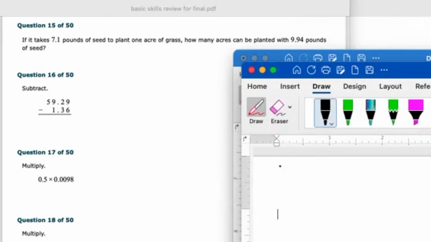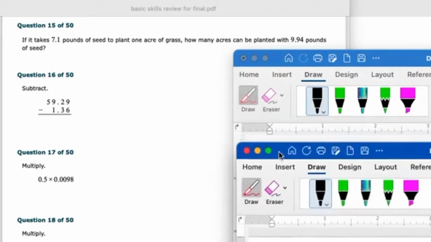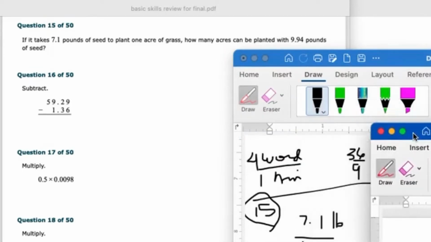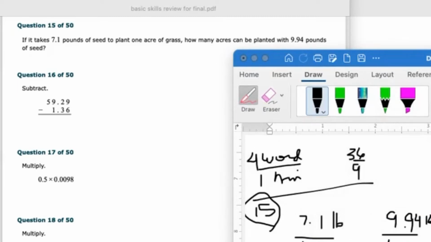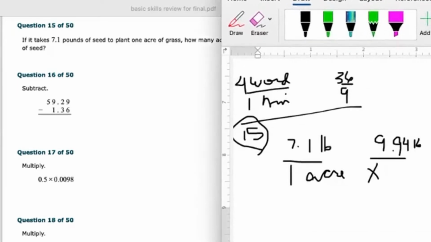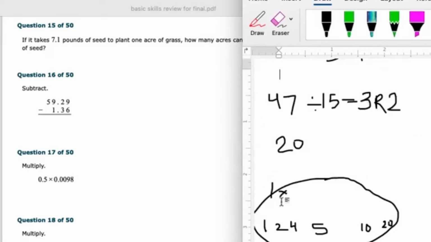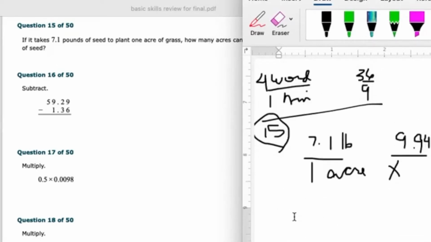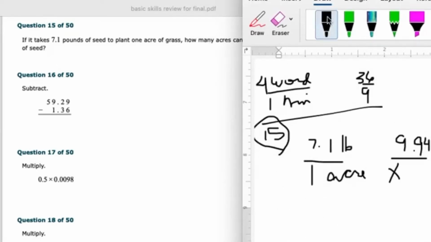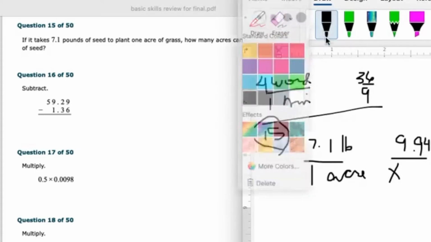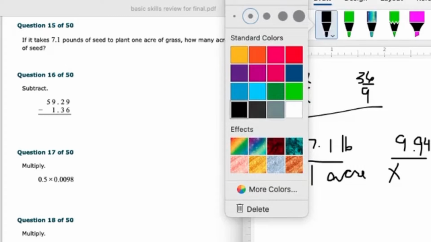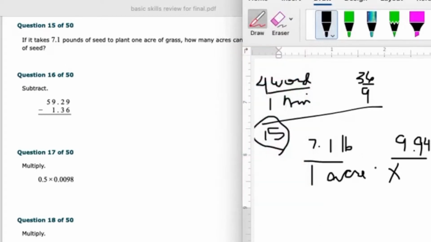Okay, so we're going to look here. We got 7.1 times 1. So what's our cross multiply going to be? Anybody want to give me an idea? 7.1 times x.